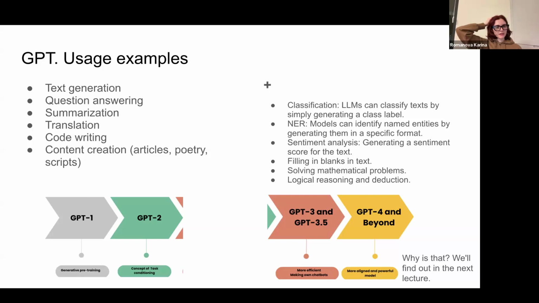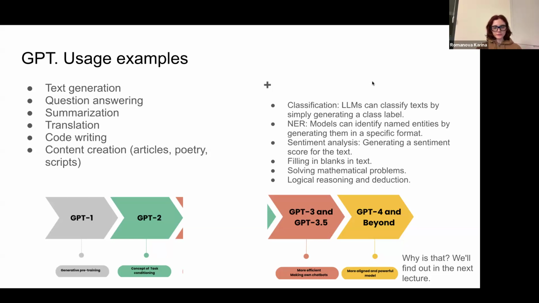So here I said that GPT in the first and second versions could predict the next token via probability of understanding. So it could solve text generation tasks, question answering, summarization, and other tasks which just generate text, and was limited to this.